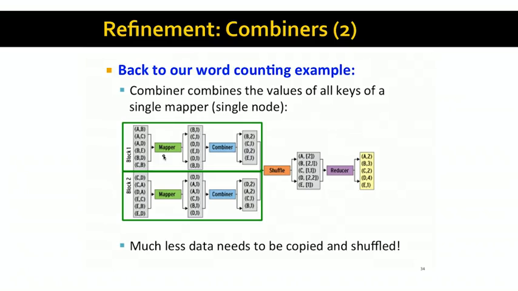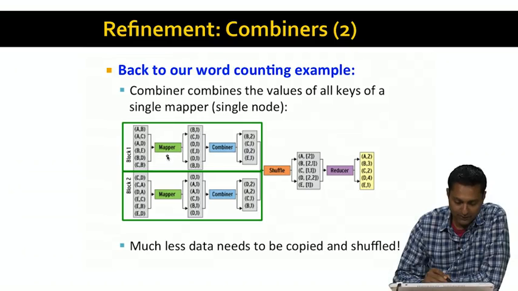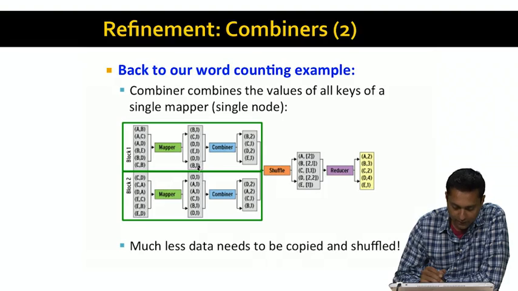Here's a mapper, and this is our word count example again. The mapper has B occurring once, C occurring once, D occurring once, E occurring once, D occurring once, and B occurring once again. Now the tuple B occurs 2 times in the output of this mapper.